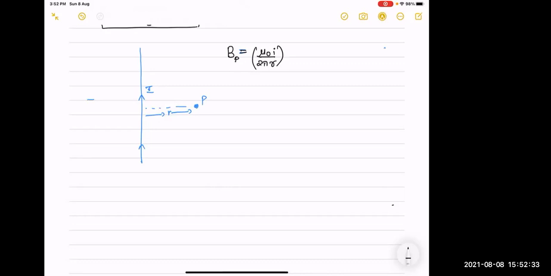First, we have to think of an Amperian loop along which we will integrate. See, there is a B and dl. Do you know the nature of the magnetic field? That is very obvious, we know from 10th class.